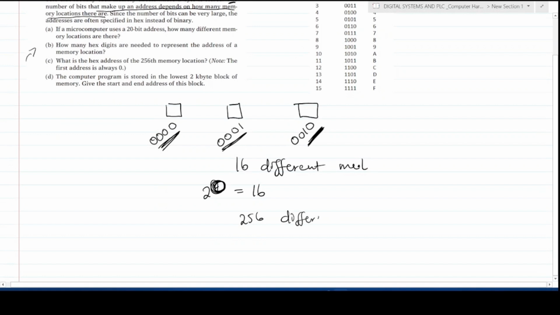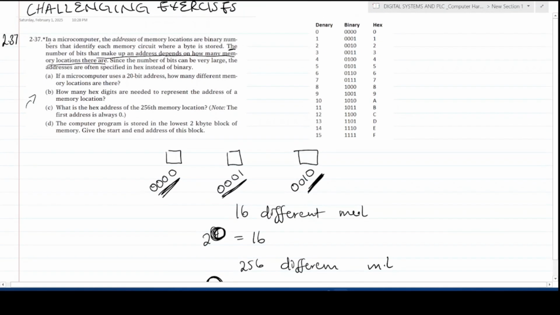If you have 256 different memory locations, you're going to need 2 raised to the power 8, which is 256. You're going to need an 8-bit address. So that's what this second line is saying: the number of bits depends on the number of memory locations you need to save.